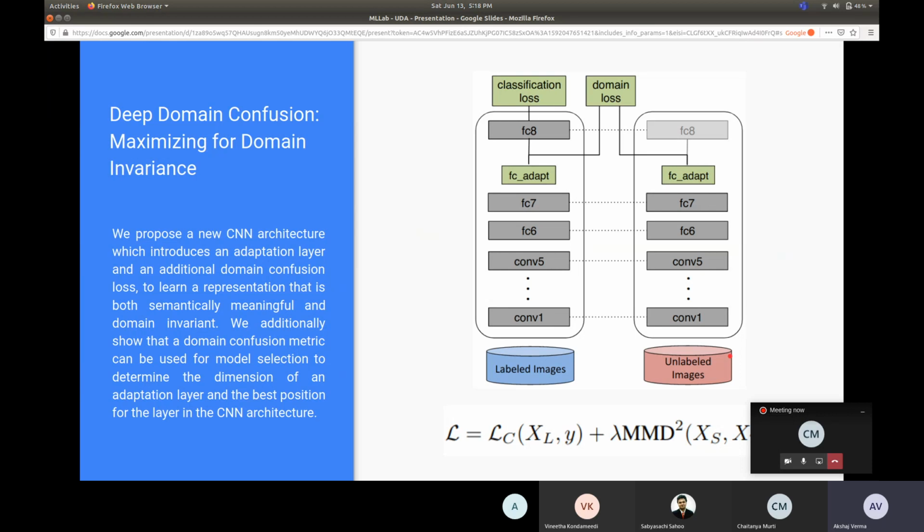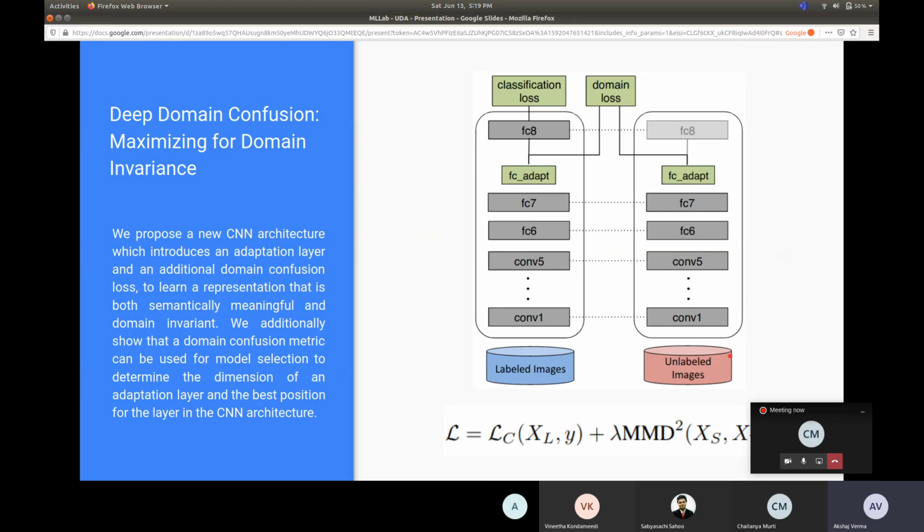So the basic idea behind this paper is you pass these two types of data into your network, and based on the two different types of losses, one is a classification loss, one is a domain loss, your model will adversarially learn to do two things.